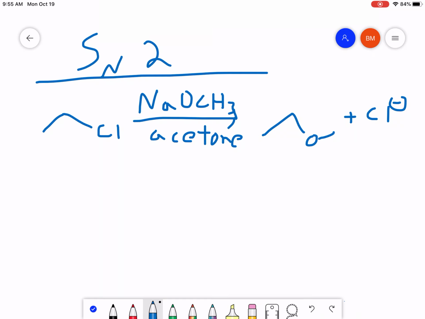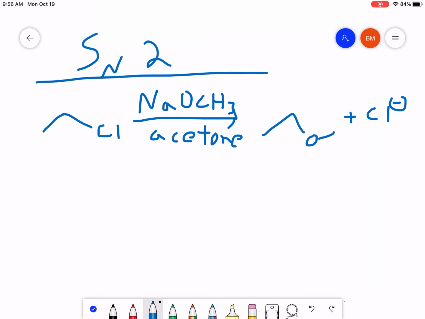Now, first of all, one thing that I want you to recognize, and people get a little bit mixed up on this, so I'm going to try to make it as clear as possible. When we see sodium methoxide, NaOCH3, recognize that is a sodium salt. We will frequently see sodium salts and potassium salts used in these nucleophilic substitutions.